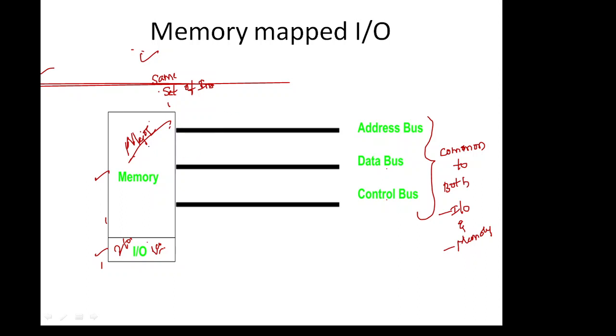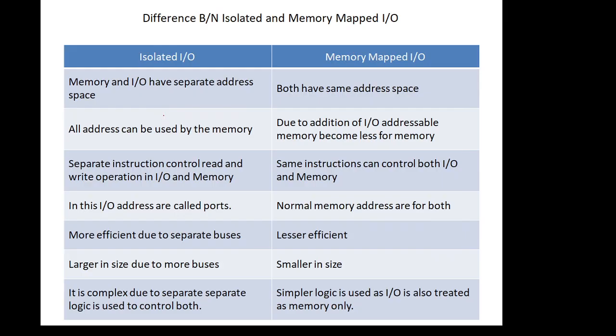Here the address bus, data bus and control bus are common for both the IO and the memory, and the same set of instructions is used for both. So this is how isolated IO and memory mapped IO are done. Now we are going to see the differences between isolated IO and memory mapped IO.